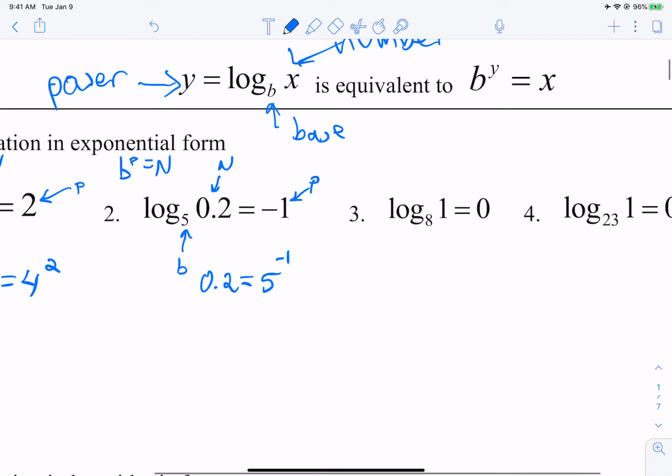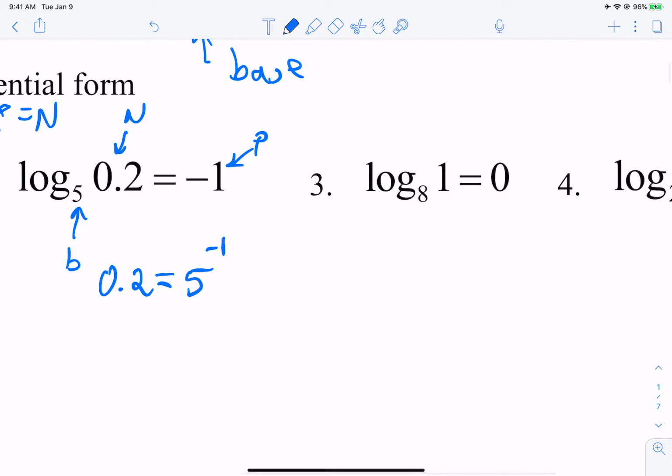Let's do another one. So we're going to identify the base. Our base is 8. We're going to identify our number. Our number is 1. And our power is 0. So that means the number 1 is equal to a base 8 with a power of 0, which we know is true.